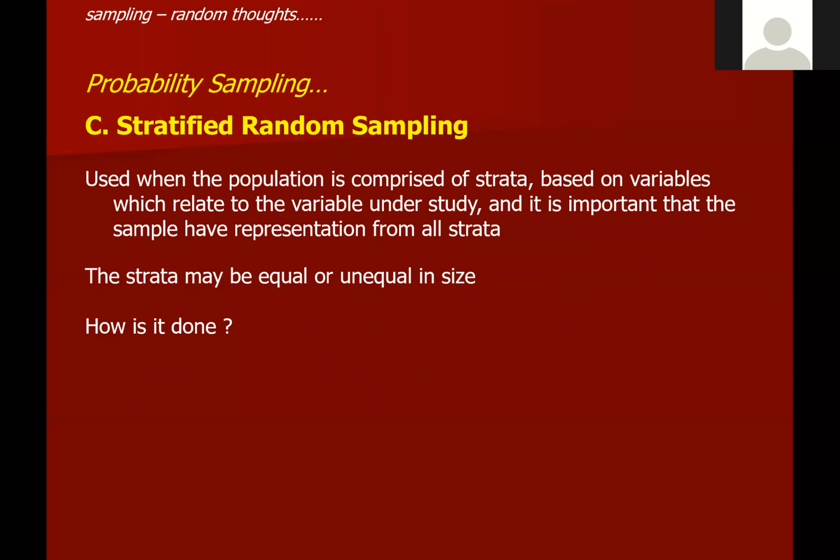Okay. Then another method is called stratified random sampling. It is used when the population is comprised of strata based on variables which relate to the variable under study. Suppose the variable under study is height. You know that height of males is definitely more than females.